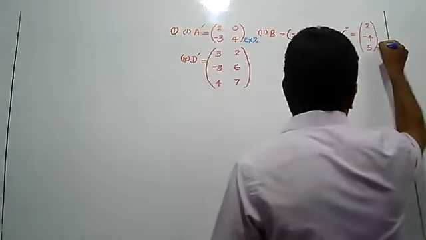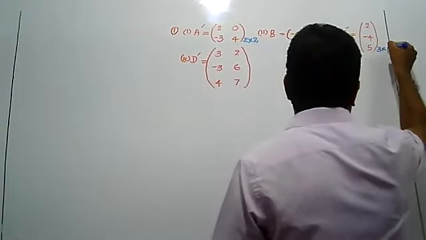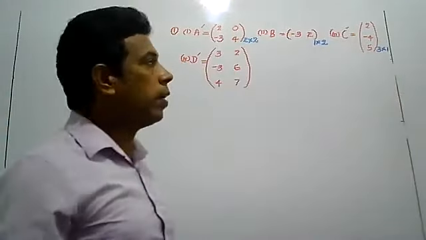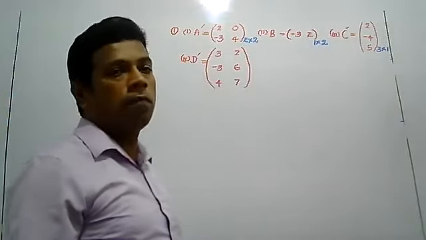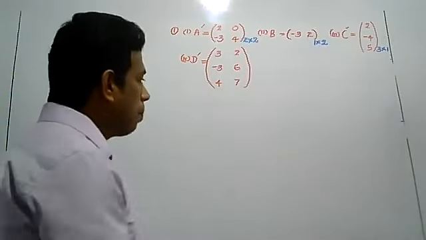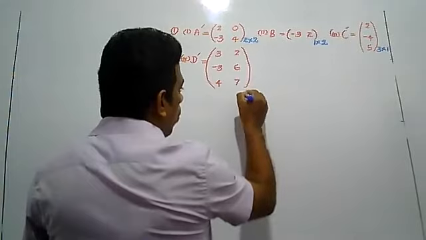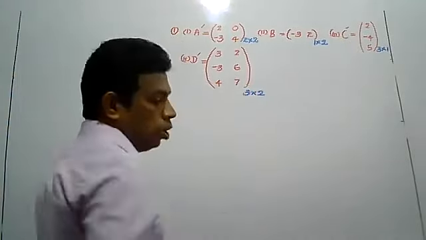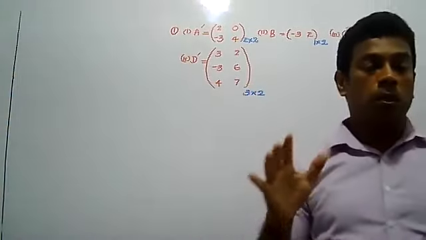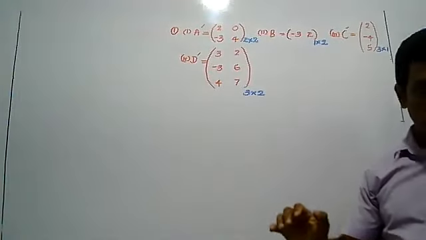Third one, 3 rows and 1 column. Order of the matrix C, 3 rows and 1 column. Order of the matrix D, 3 rows and 2 columns. You want to write the transpose of the matrix and the order of the transpose.